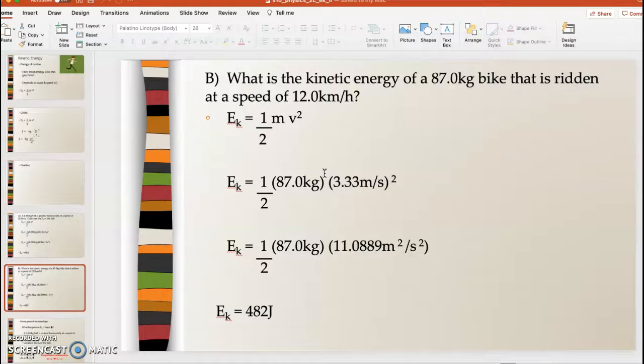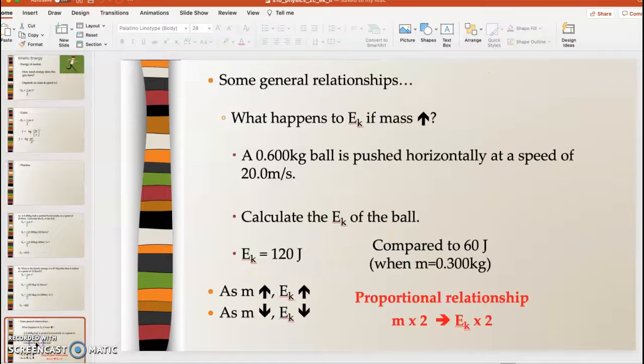Maybe I think their answer is wrong. They put 3.333, they rounded that early, and I don't think they should have. They got 11.0089, where it should be 11.111111. So don't round along the way, otherwise you get a slightly wrong answer.